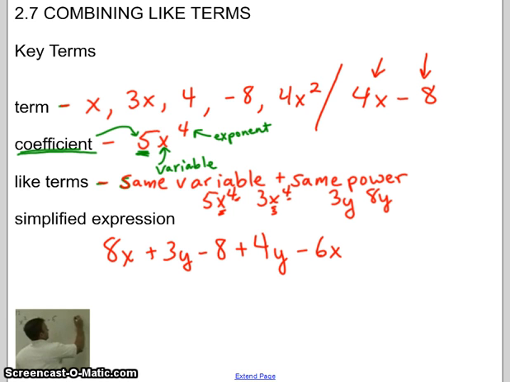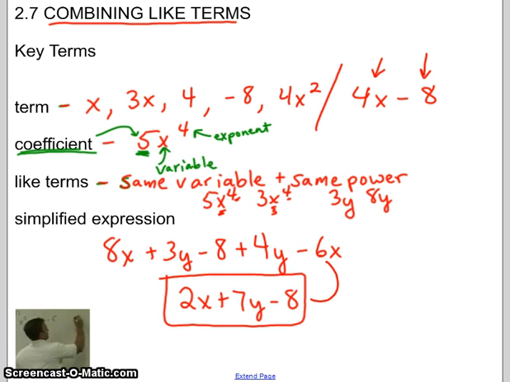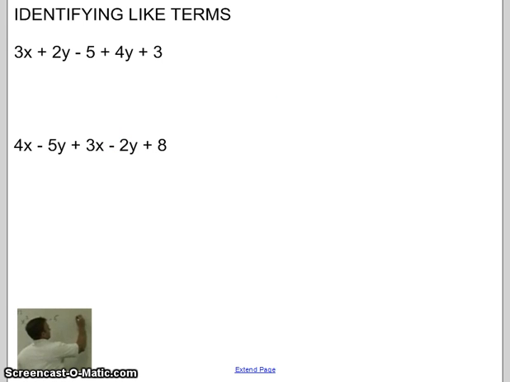We're going to do that by combining like terms. In this problem we should get 2x plus 7y minus 8. That would be the simplified expression. We're going to show you how to do that next.